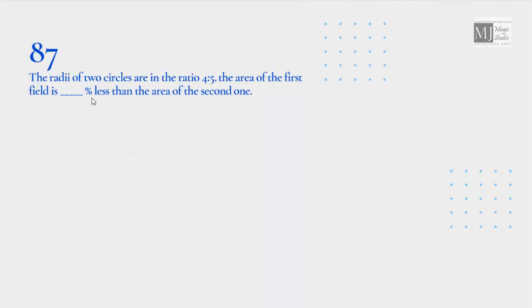Number 87. The radii of two circles are in the ratio 4:5. That means if we have circle 1, let its radius be 4x, and for circle 2, radius is 5x.